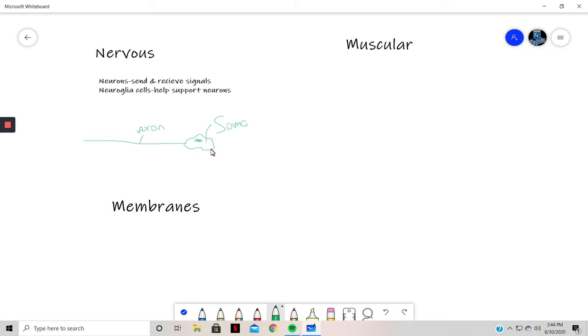Okay, and then off of the soma, you've got these little branch-like things here, and I'm just going to draw random things here. Put one up here. Those are the dendrites. D-E-N, den.